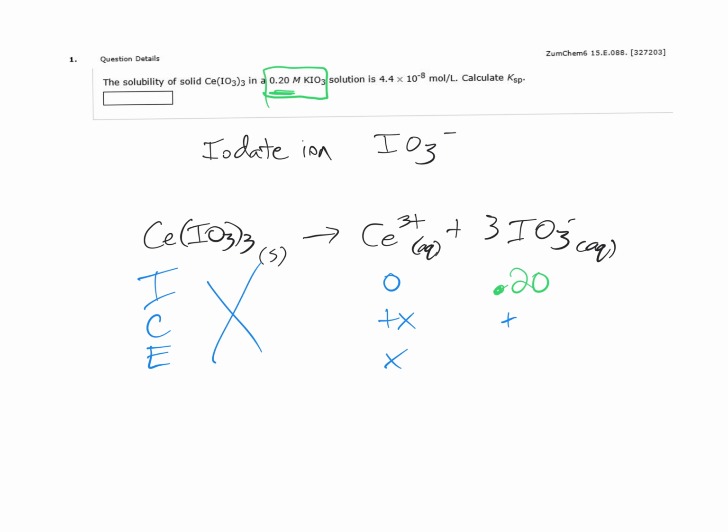Note that the coefficient 3 in front of iodate in the dissociation equation means that we need to add 3x in order to get to the equilibrium concentration. So at equilibrium, the iodate concentration would be 0.2 plus 3x. Now let's write an expression for KSP.